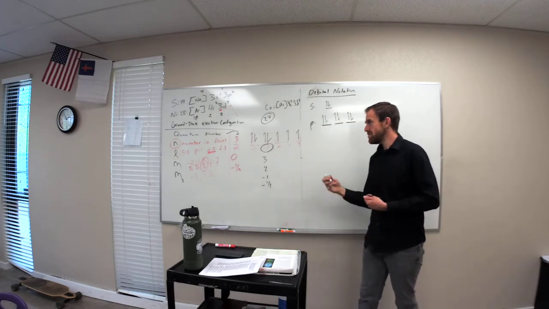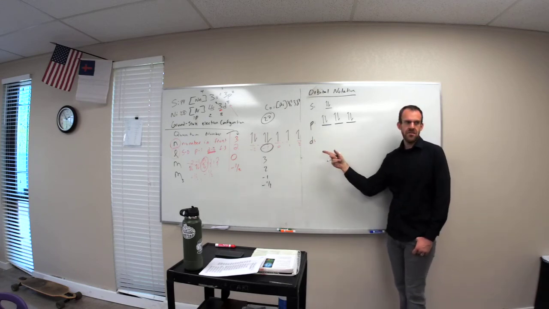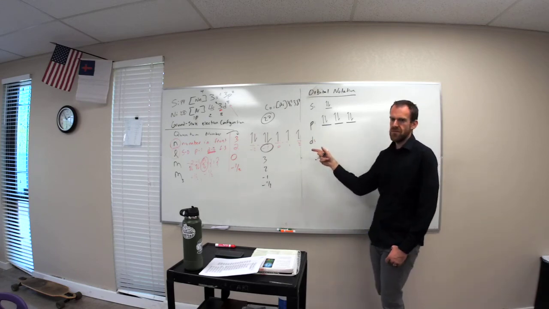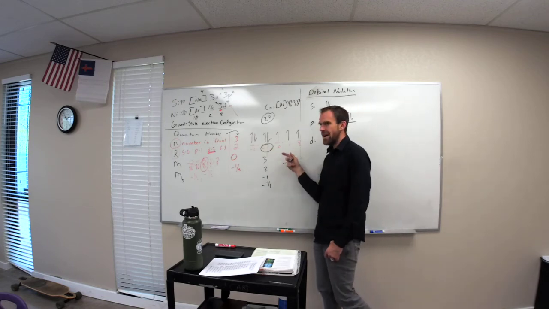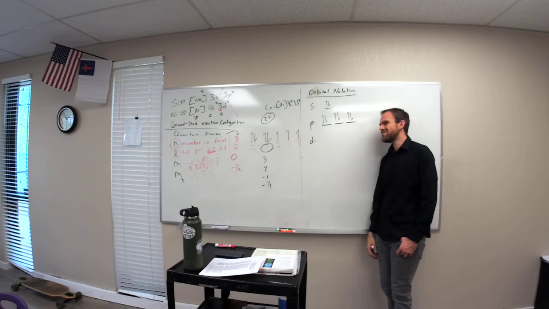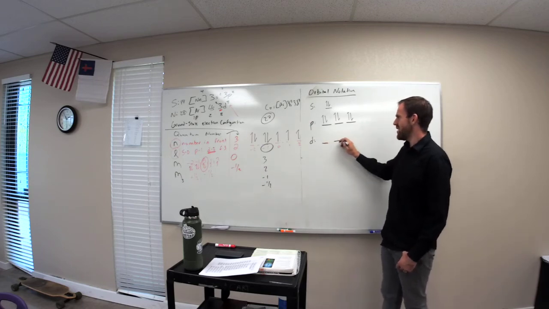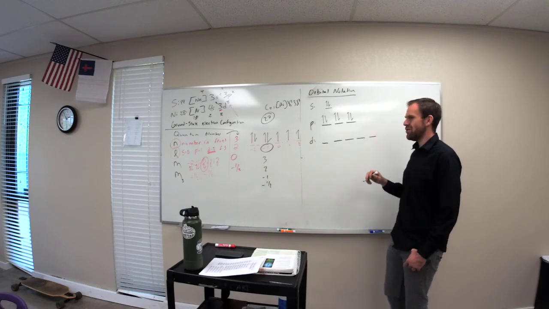Okay, so that's P. For D, how many spots would we expect? We already did it. 5. Why? Because 5 times 2 is? 10, right? And 10 electrons fit in the d orbital.